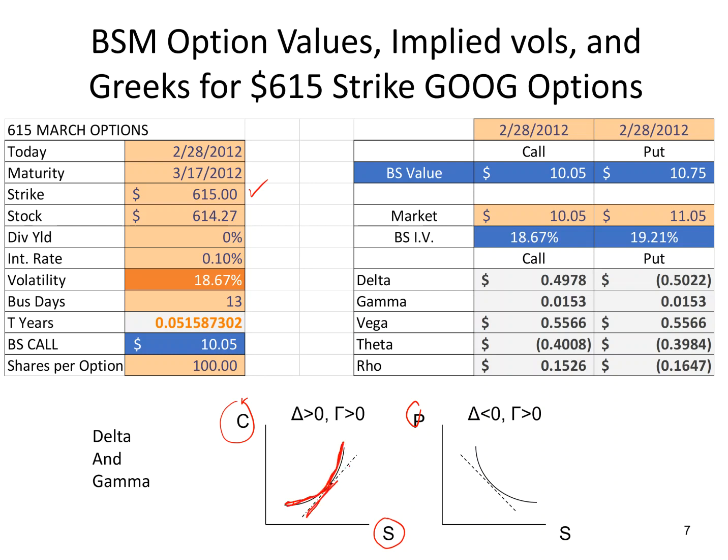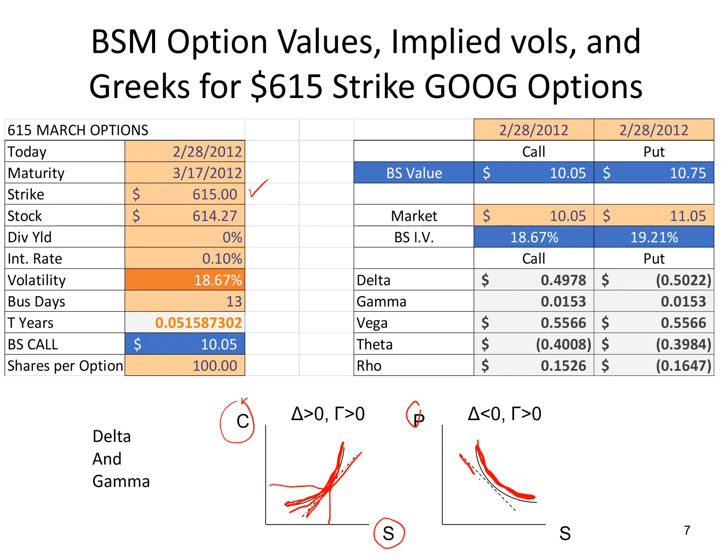The slope at the current call price and stock price is the delta, and the curvature is measured by the gamma. For a put, that's a negative relationship with positive convexity or positive gamma.